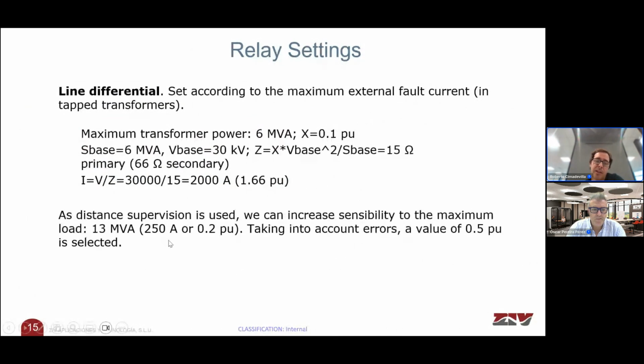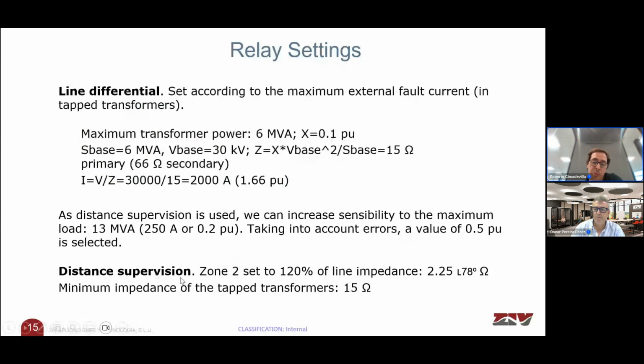If we use distance supervision, we can increase the sensitivity, we can decrease this setting, and we can use the maximum load instead of the maximum fault current to set this pickup value. And we could use 0.5 per unit to increase the sensitivity.